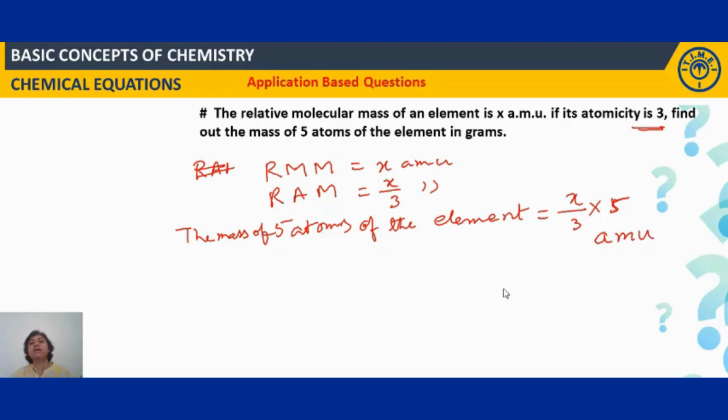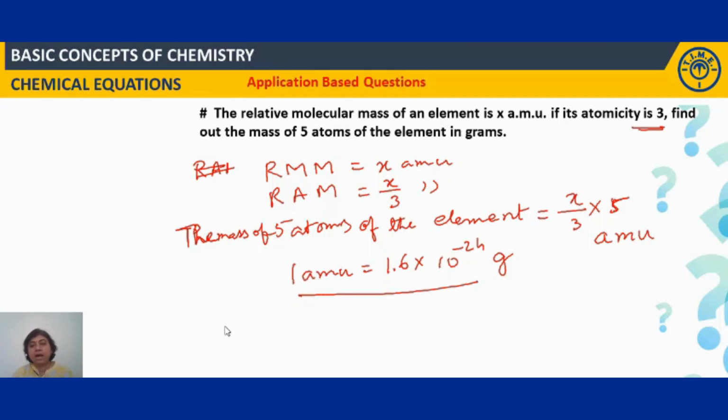Now we have to convert it into grams. You have studied this in the basics. Again I will tell you, try to recollect the relation between AMU and grams. 1 AMU is equal to 1.6 into 10 power minus 24 grams. Now I will use this.